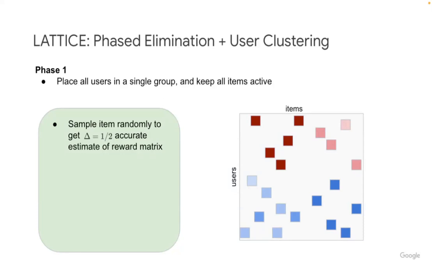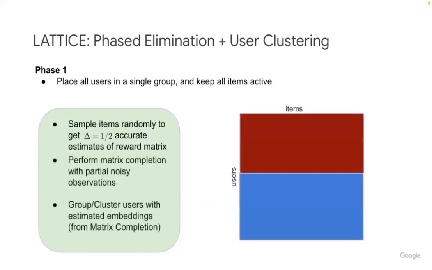What this implies is that for a small number of rounds, briefly at the very beginning, we do random recommendations and get a set of partial noisy observations. We complete the matrix using low-rank matrix completion, and we have a coarse estimate of the entire true reward matrix. Once we have an estimate, we basically have a coarse estimated embedding vector for each user corresponding to the estimated rewards.